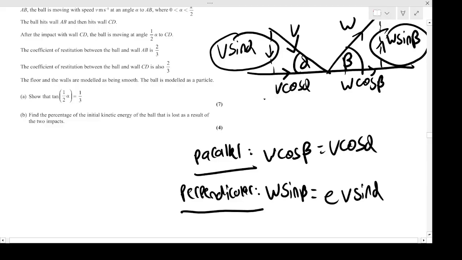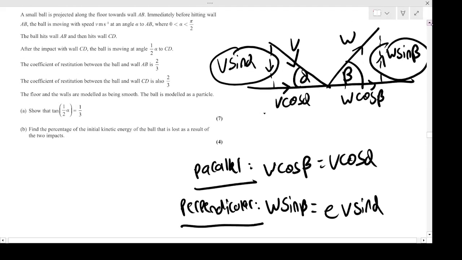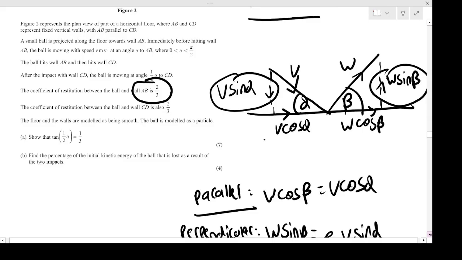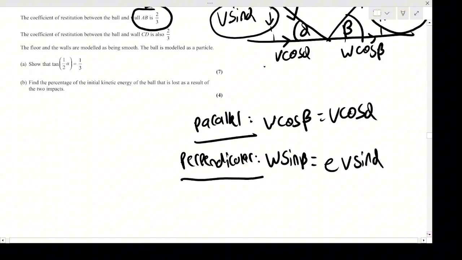Now we know what the coefficient of restitution is with the first wall, which is A to B, it's 2/3. So we can sub in 2/3 for e here, and there we are. Those are my two equations.